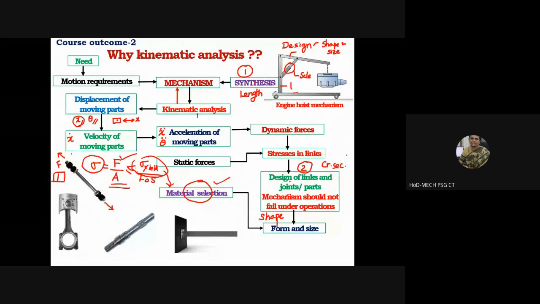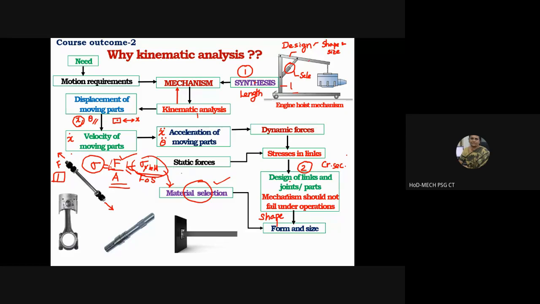I should also know the amount of stress that can be permitted on this component, which is dependent on my choice of material. So before designing, I should know the maximum worst case force that comes on the member, and I should also know what material I propose to choose.